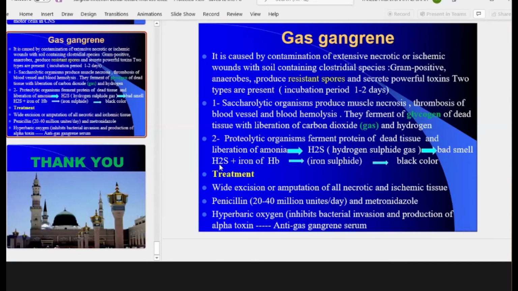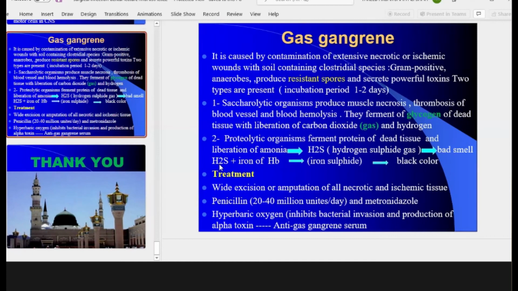Okay, gas gangrene is another form of infection, which is also very dangerous for any patient, and similarly for the doctors also, for the surgeons also, because there is gangrene in the tissues and you have to amputate the limbs.